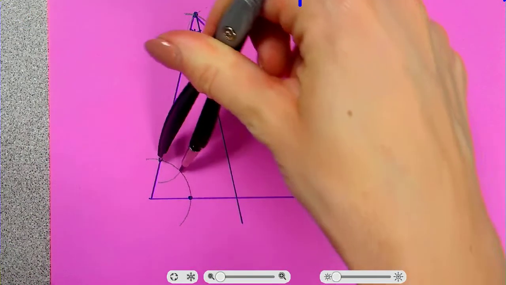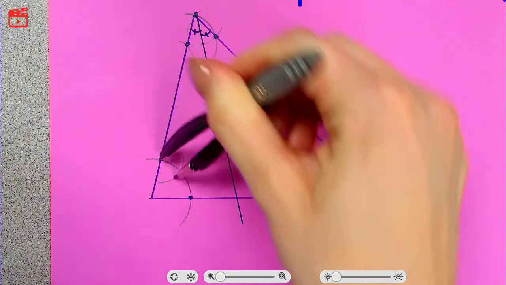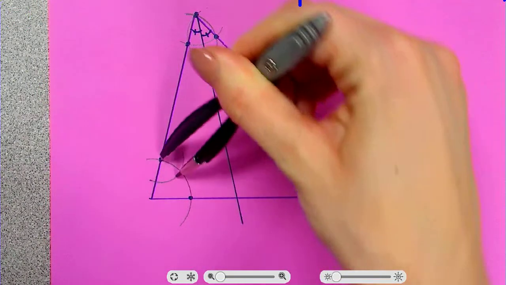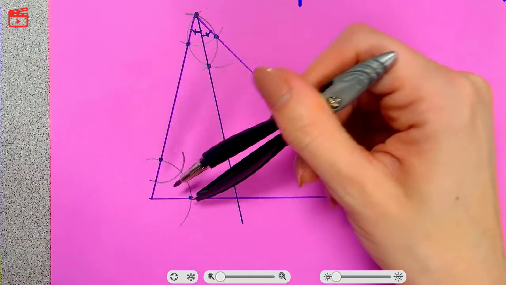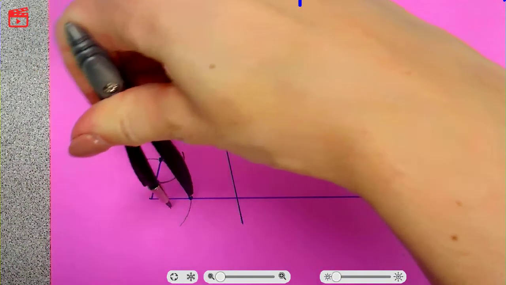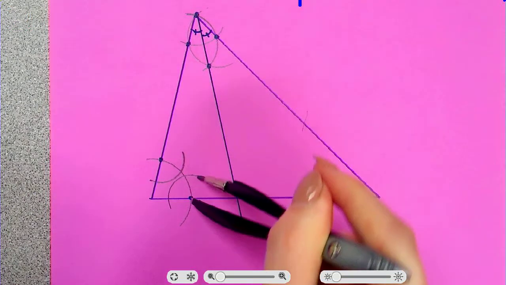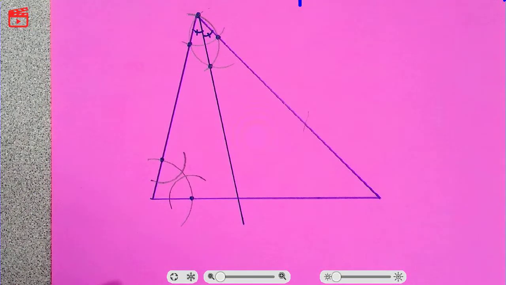One right here. And then I'm going to flip it, and I'm not going to touch the width. And I'm going to do one right here. Oh, were my curves big enough? No. So what am I going to have to do? I'm going to have to erase them and do them again.